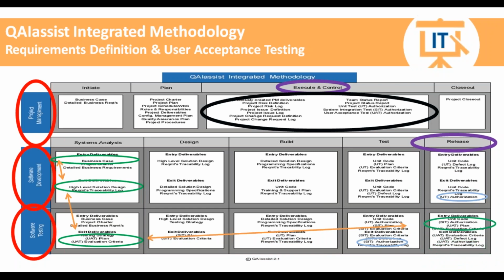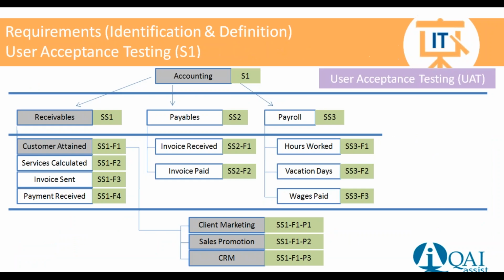We take the unit code, we're going to have our integration authorization, our unit test authorization. We'll take our user acceptance test plan and the evaluation criteria, and we're going to do our testing. And we may be going through multiple iterations of the testing from the user acceptance testing perspective, but ultimately what we're going to be doing is testing at the high level from our high-level solution design requirements.